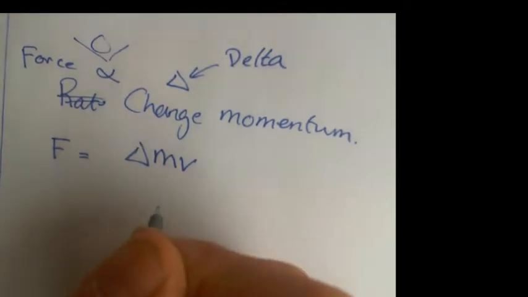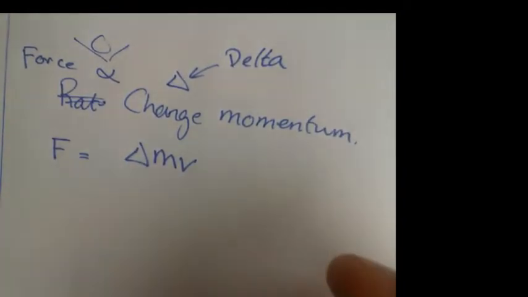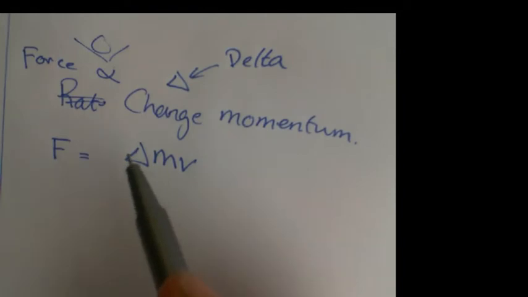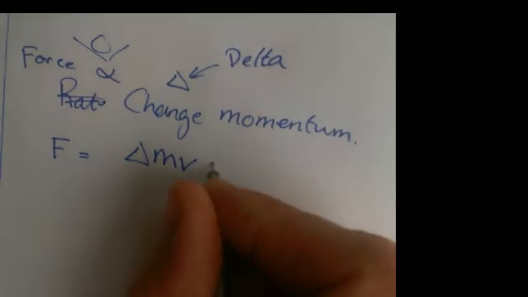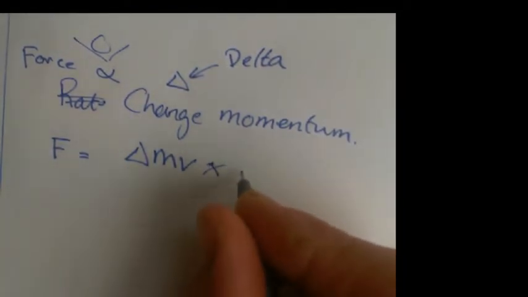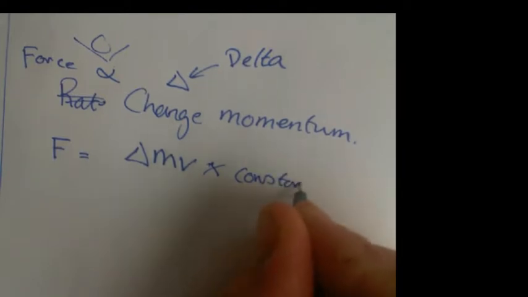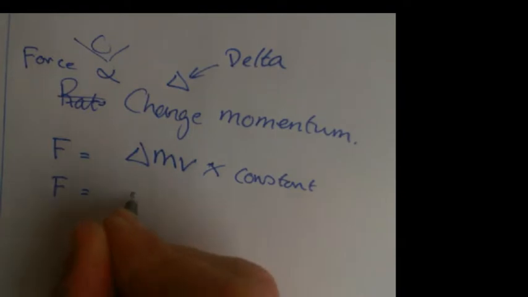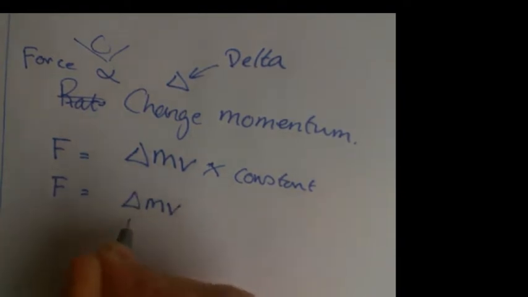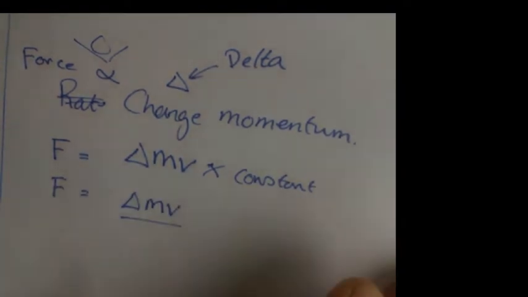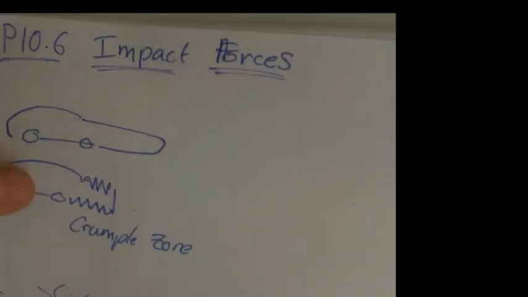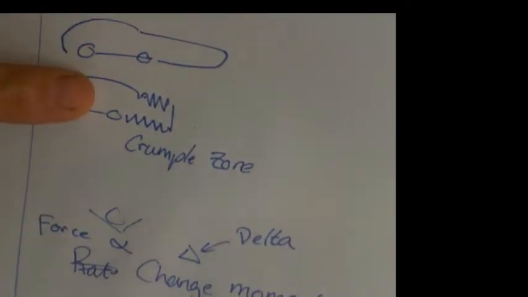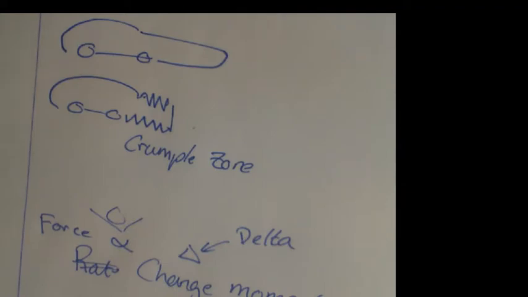Okay, and remember we've said that if you want to turn a proportional into an equals in physics, you want to times it by a constant, or some factor. So I'm going to say F equals delta mv, and the factor that I'm interested in is time, because what we've said is these two both manage to reduce the force by increasing the time. So if the force decreases as time increases, well, we say that they're inversely proportional.